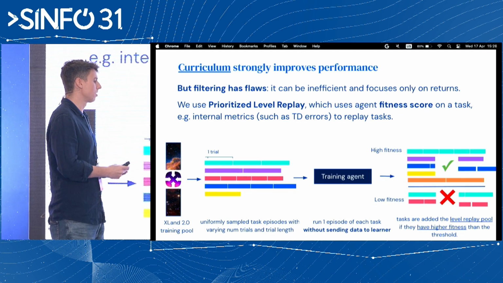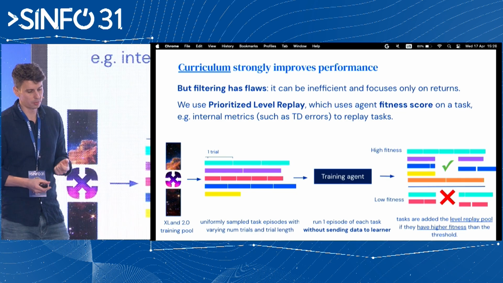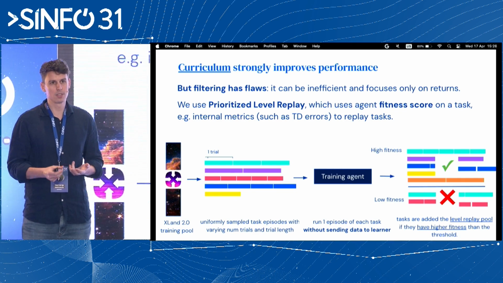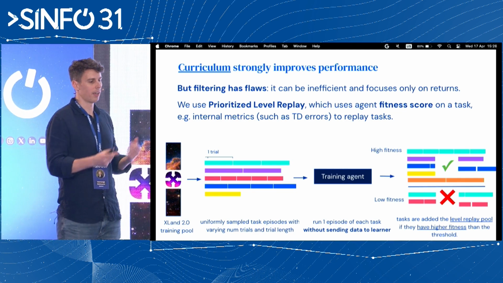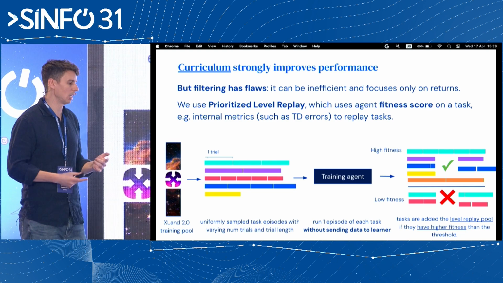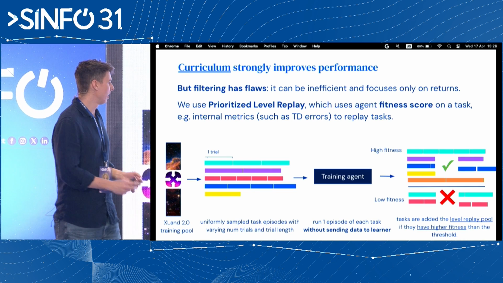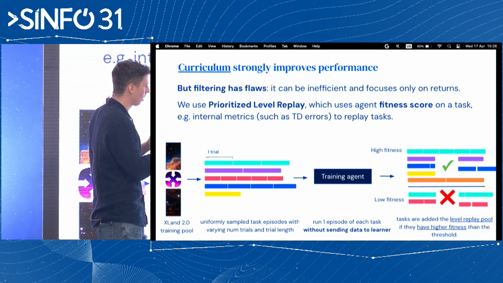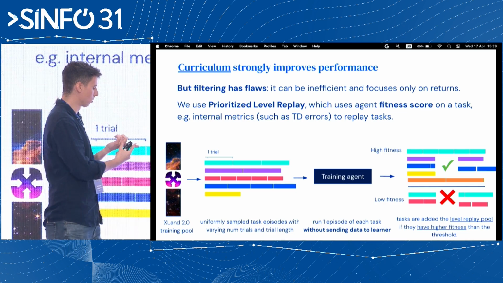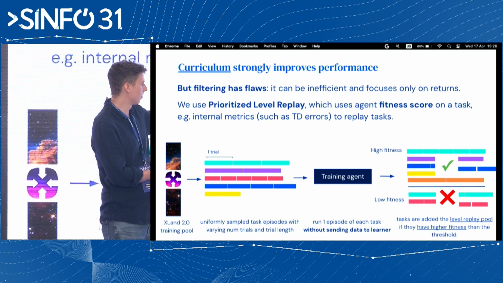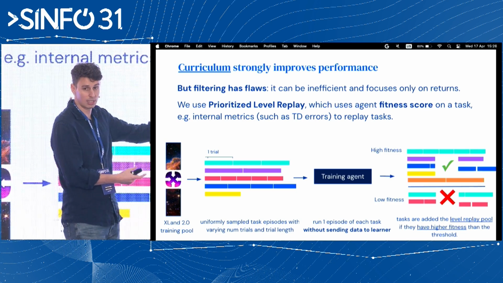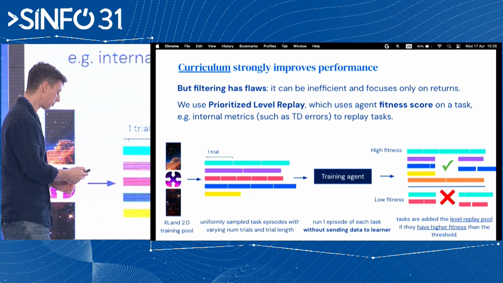This fitness score can be anything. It can be some internal metric, like how well the agent predicts some actions, or the TD error, which is something very typical for RL. And we figured out that we only need to run the episode one time, and that also gives us a way to classify the tasks which go into the training pool.